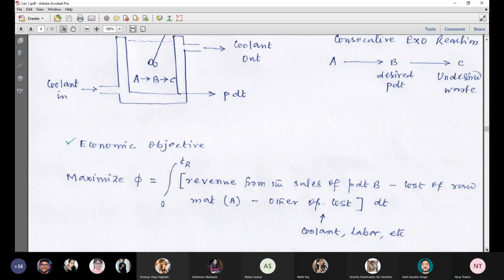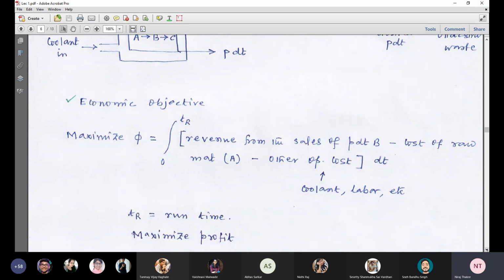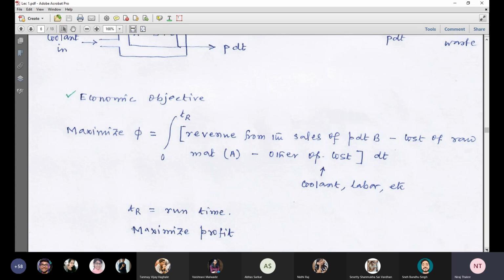Okay. And we do this from starting time to our total operating time. So this is your economic objective, and our target is to maximize the profit. Based on this equation we can find the best operating condition, what temperature, what pressure we can operate this process.